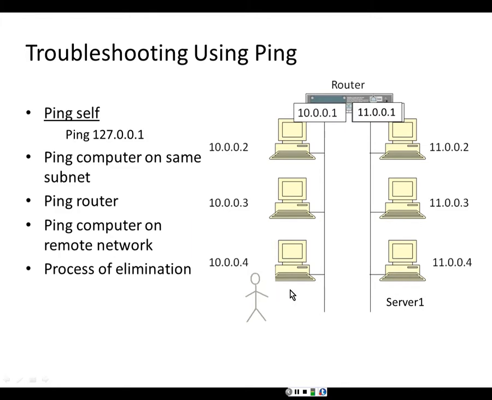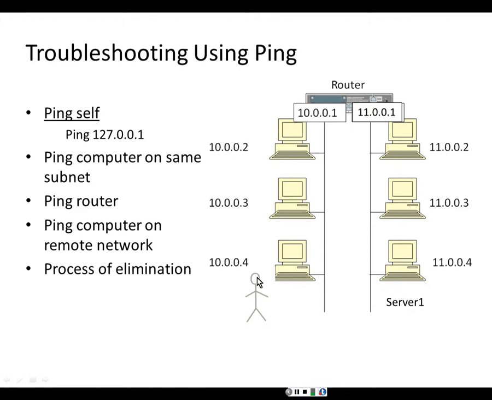We will go to that user's workstation, and to determine if there's a problem with the workstation, we go to the workstation and we try to ping ourselves. Now, to ping yourself, you can type the IP address of the workstation where you are, such as 10.0.0.4, or you can use the self-test. If you ping 127.0.0.1, that means you are pinging yourself.